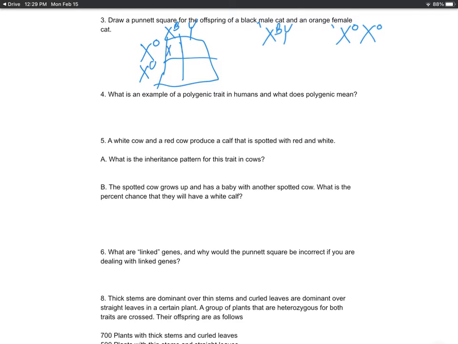Looks like that. And so we would get 50% calico females and 50% orange males as a result of that cross.